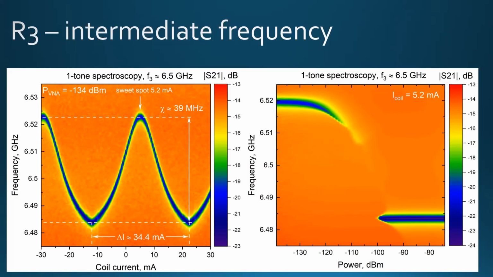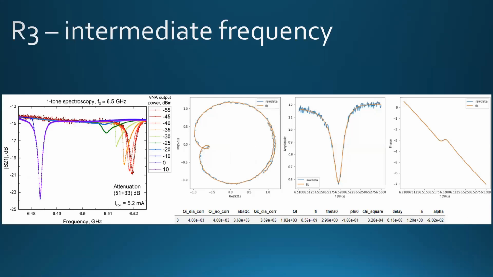On the right plot, we can see this shift depending on the power. At higher powers, as I understand it, the resonator is overpopulated and doesn't sense the qubit anymore.